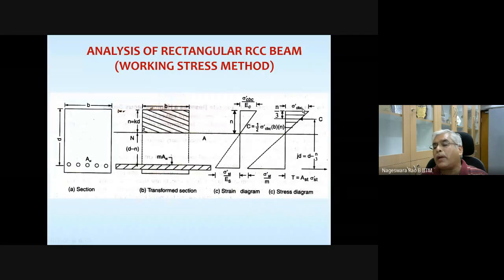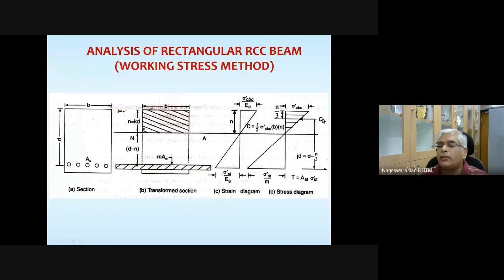So stress is varying linearly from 0 to sigma CBC. So total compression is going to be the area under compression, and since this is linearly varying stress, half of the maximum value comes in, half of sigma CBC prime. Total compression is half sigma CBC prime multiplied by B times N.